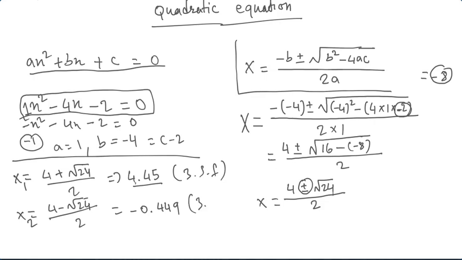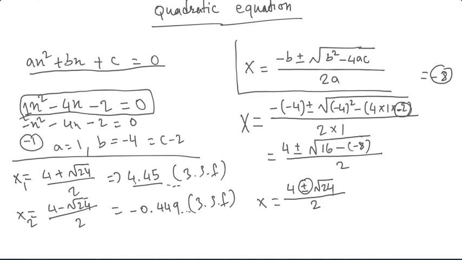In the calculator we can see 4.45 and it goes on, and minus 0.449 and it goes on. But we have to write only two or three significant figures. So the answers are 4.45 and minus 0.449. So this is all about the quadratic equation with the quadratic formula.